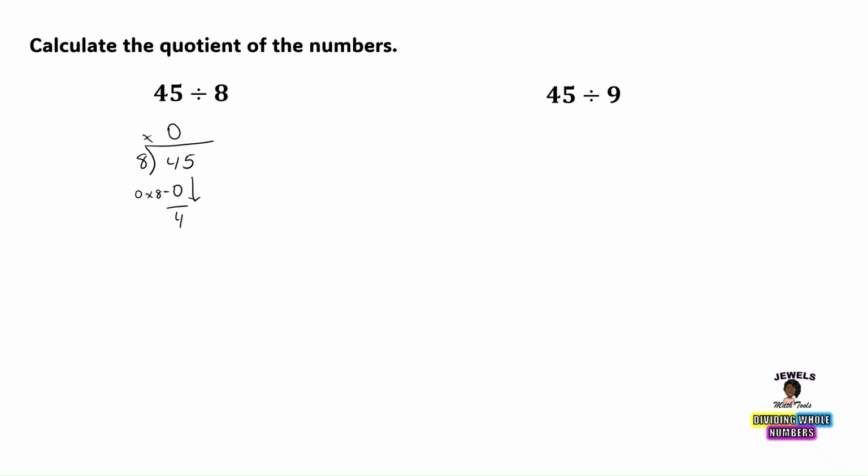I'm going to bring down my 5, changing 4 into 45. 8 will divide into 45 5 times. When 5 is multiplied by 8, we get the product of 40. And when 45 minus 40, we get the difference of 5. So our quotient when 45 is divided by 8 is equal to 5, remainder 5.